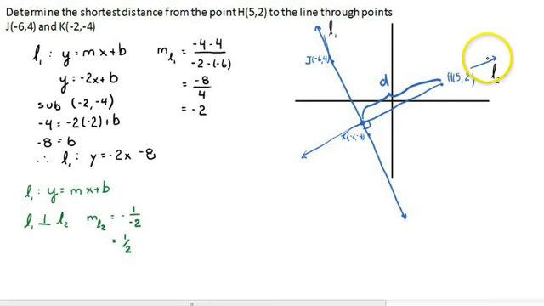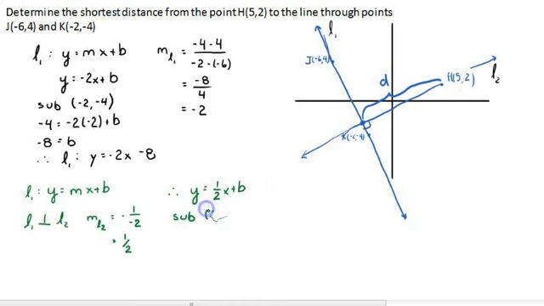And that makes sense in the context to our drawing, because our slope definitely looks positive. So now, therefore, we have y equals 1/2 x plus b. And now what I want to do is I'm going to sub a point on that line, and the only point we have is (5, 2).